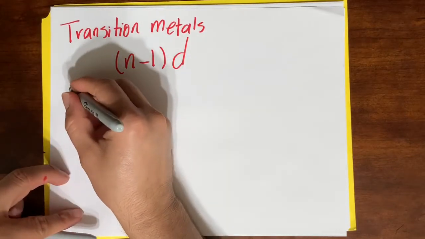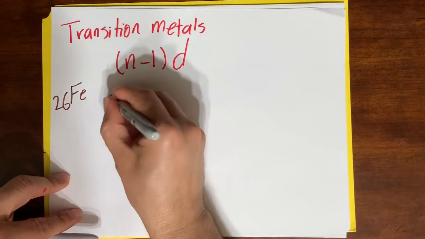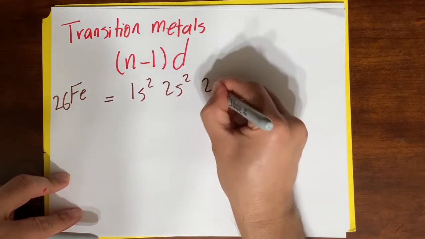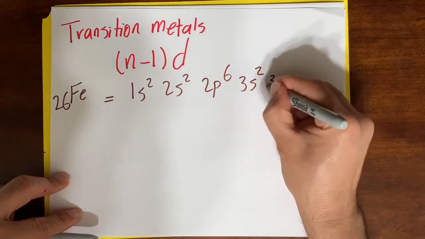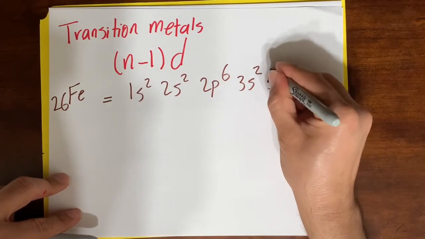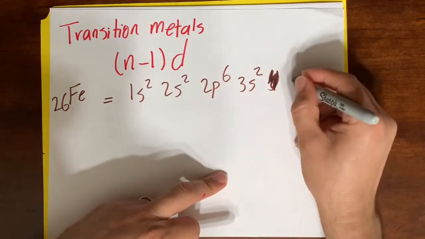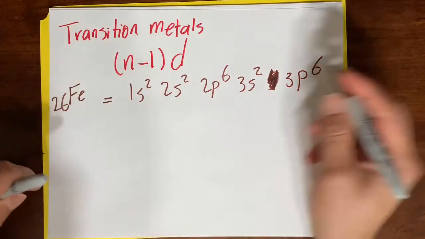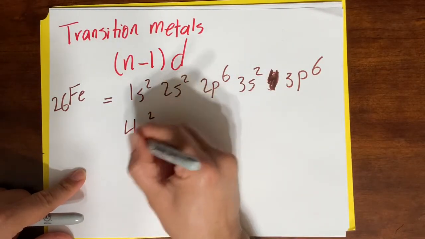We go with iron, 26. You go with 1s2, 2s2, 2p6, 3s2, and then 3p6, and after that we go with 4s2.